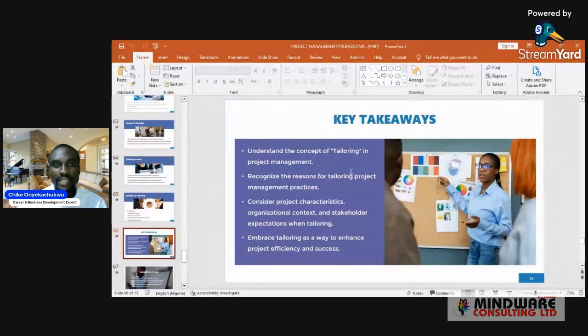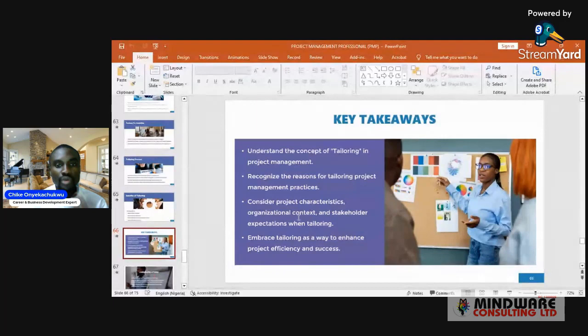Now, what are the key takeaways from here? You've understood that tailoring is important in project management. You've understood the concept. It's all about customization and alignment of the processes within your project to align with the project's characteristics.